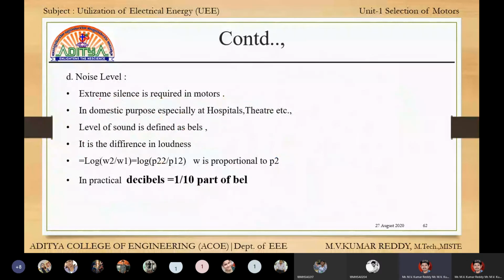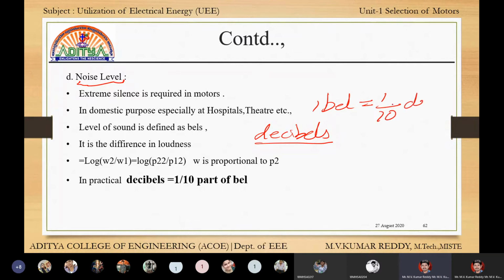Next, noise level. This is a small topic, a new topic added. Generally, the units for noise are decibels. 1 bel is equal to 10 decibels.